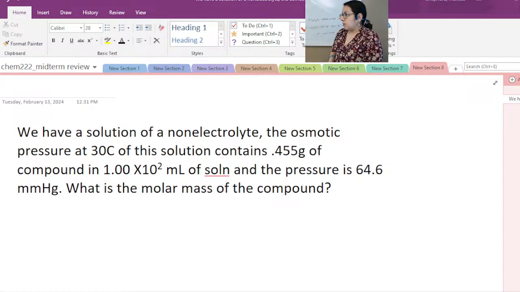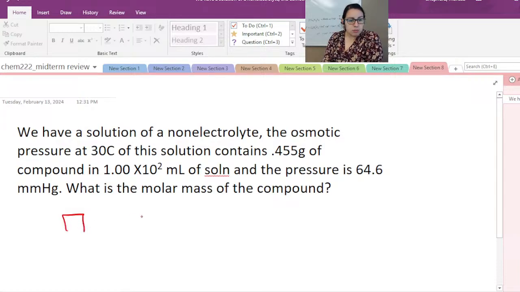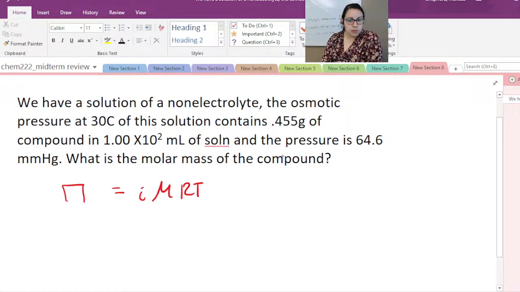How's this problem coming along? Did we find the formula for it? I'll give a hint on the formula, because it's the one where the osmotic pressure is i times molarity times RT, which we admittedly rushed over in class, so this might be useful.